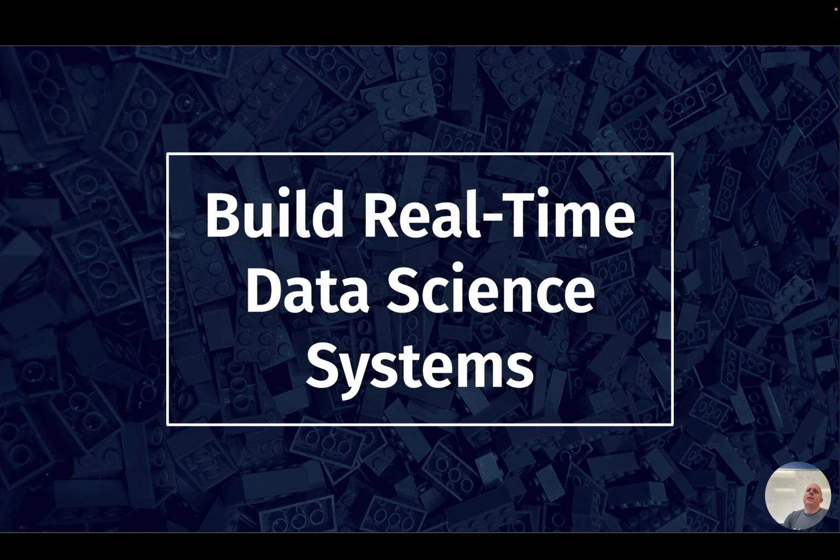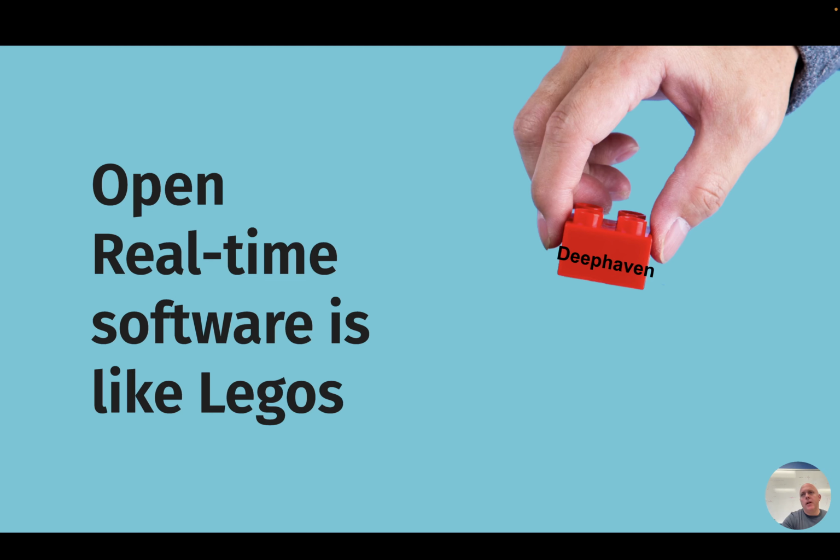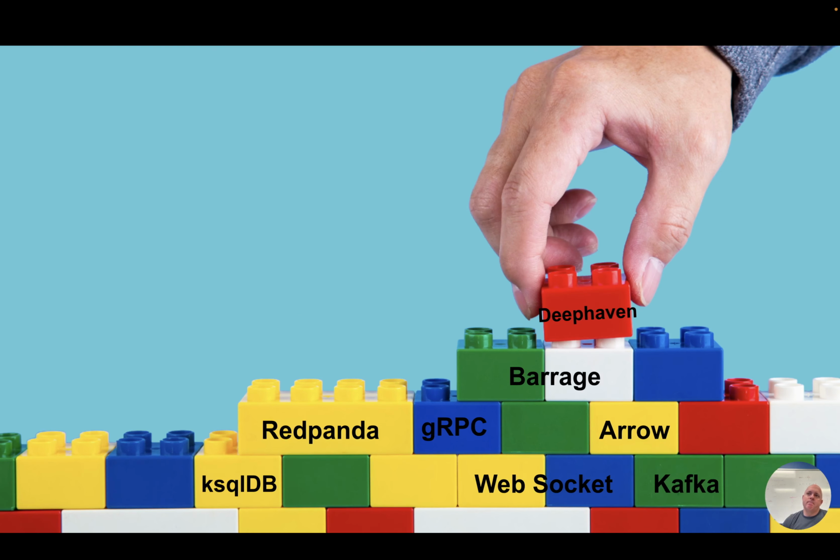So now let's look at building real-time data science systems. Open real-time data software is like Legos. You can think about each Lego performing a specific job, and to create a real-time data science system, you need to grab Legos that perform different jobs and stick them together.